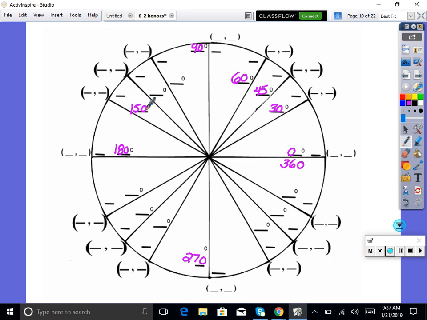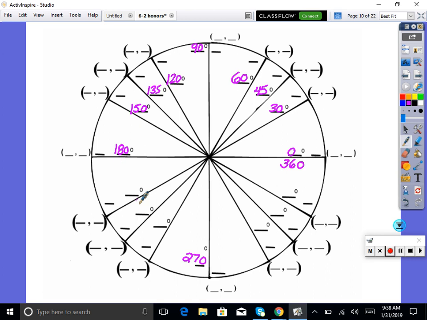150. Another pattern to notice is, look, we add 30 degrees, add 15 degrees, add 15 degrees, add 30. Add 30, add 15, add 15, add 30. So you can just go through and fill it in. So you guys see the pattern? So right here, add 30, and we get add 15. Add 15, add 30.